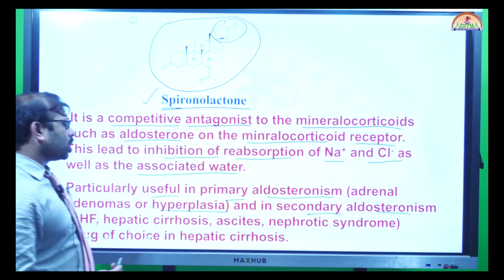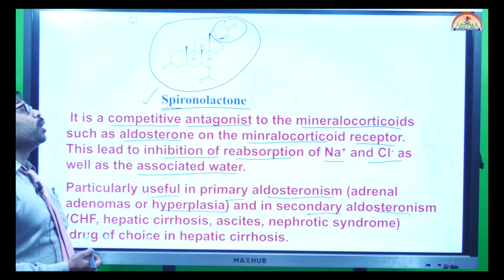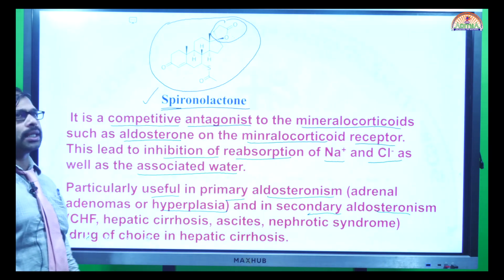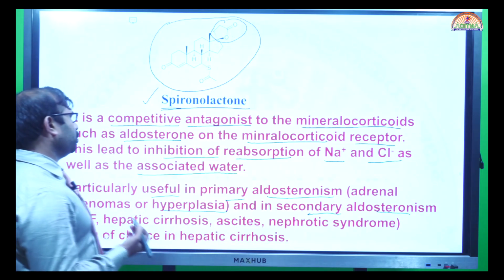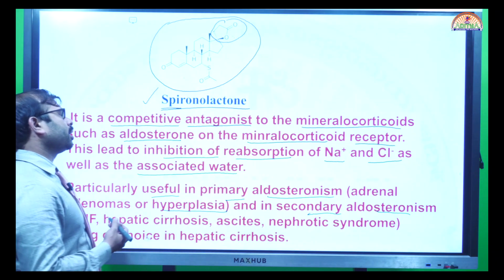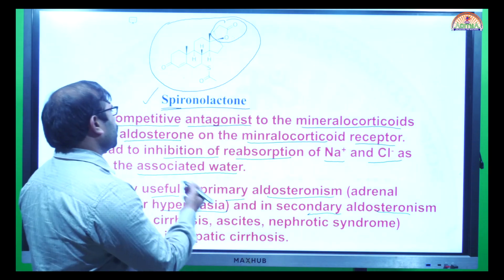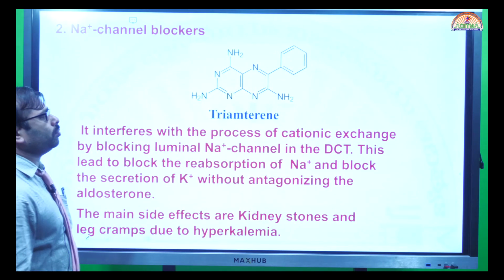These are the important drugs of choice for secondary aldosteronism. Likewise, spironolactone acts as a very good diuretic by acting against aldosterone.